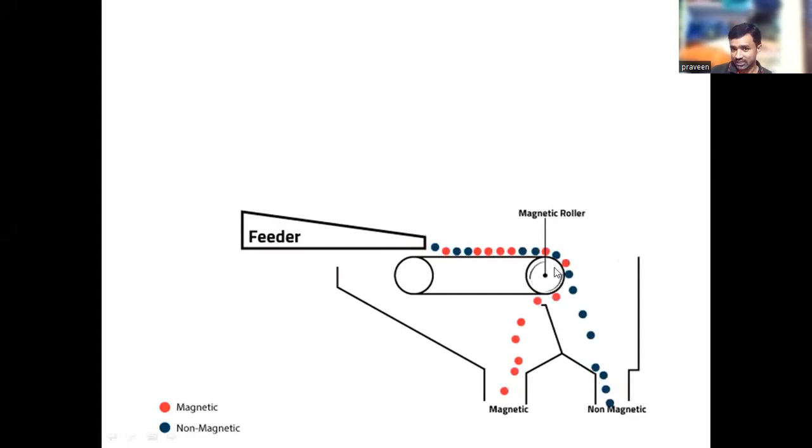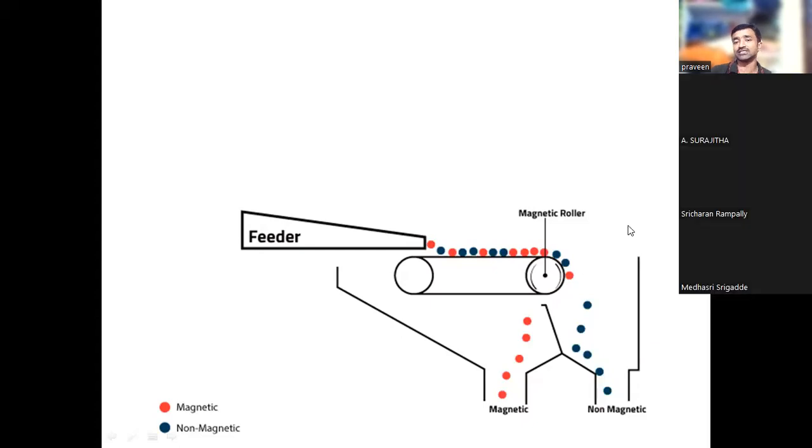The magnetic roller holds those substances with the belt and pulls them up to some distance, compared with the blue non-magnetic particles. Have you seen this clearly? Magnetic separation. So we can easily separate magnetic and non-magnetic substances using this method.